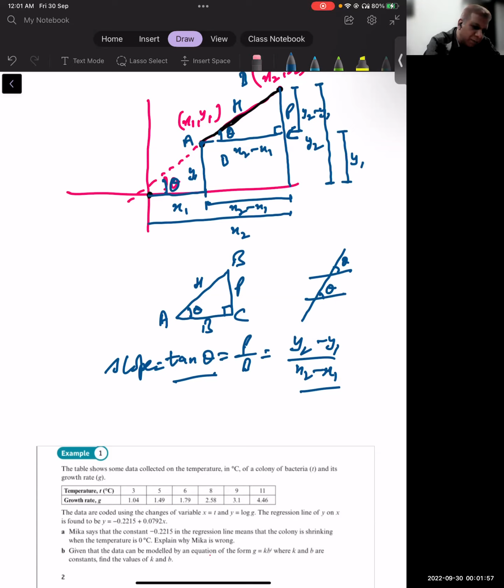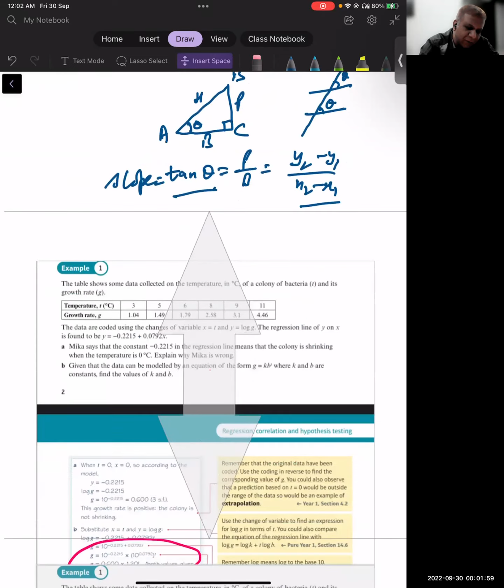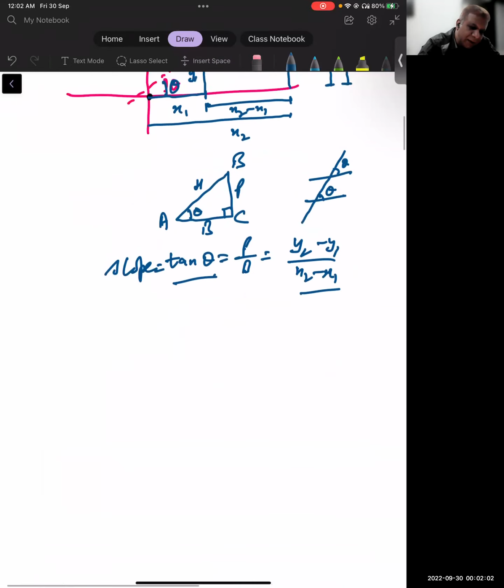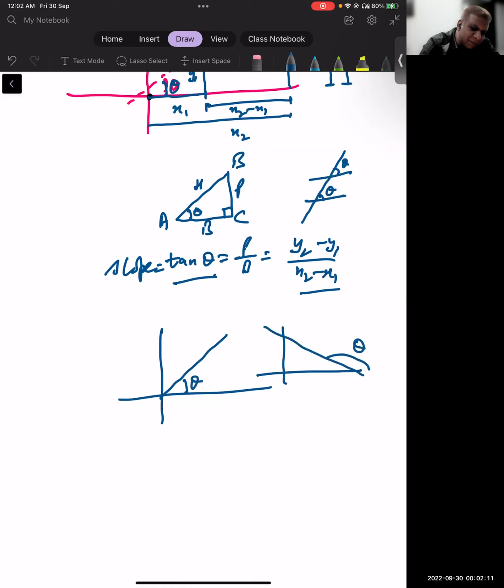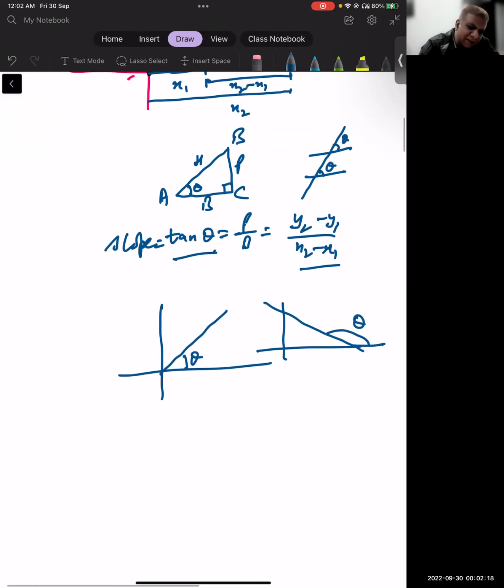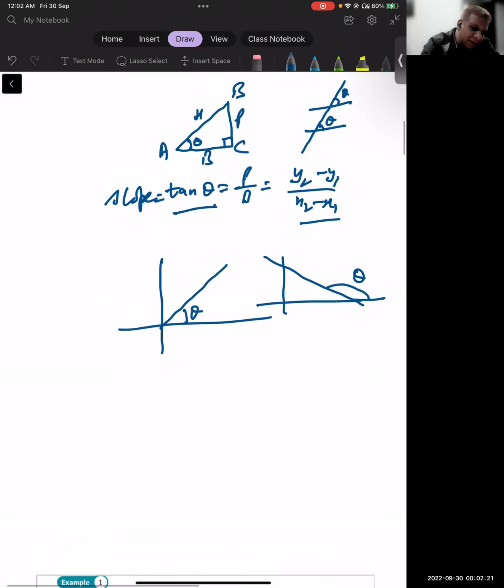Now, beyond this, I'm going to tell you one more thing. If this is the angle, this angle can be like this. And if the line is going like this, then the angle will be like this. Now this theta is less than 90 degrees, and this theta is more than 90 degrees.